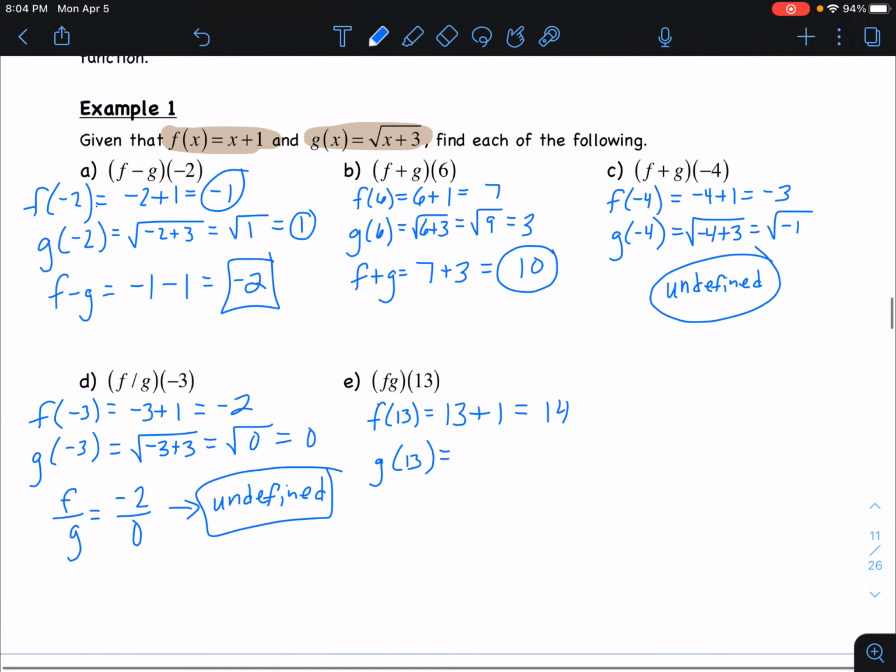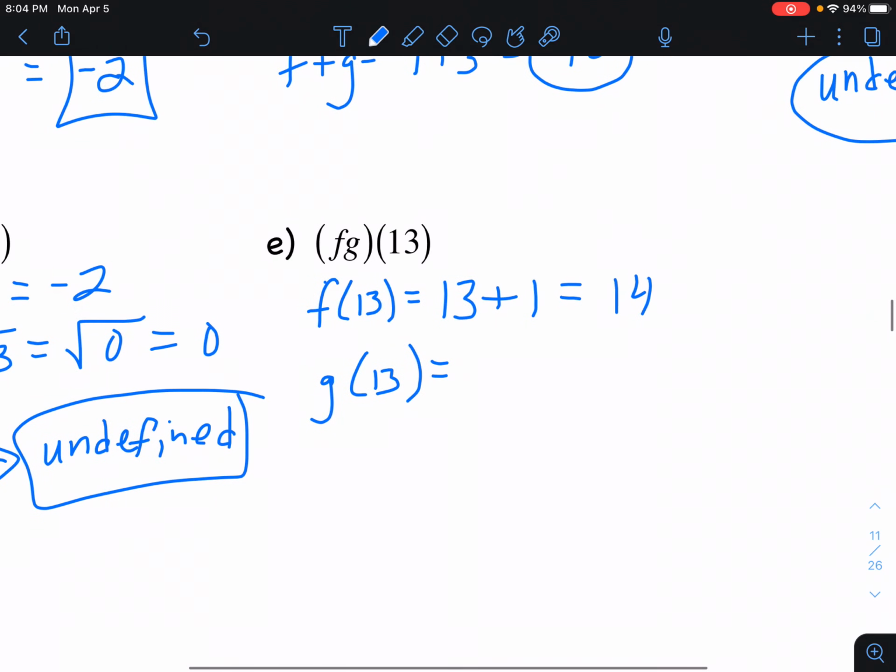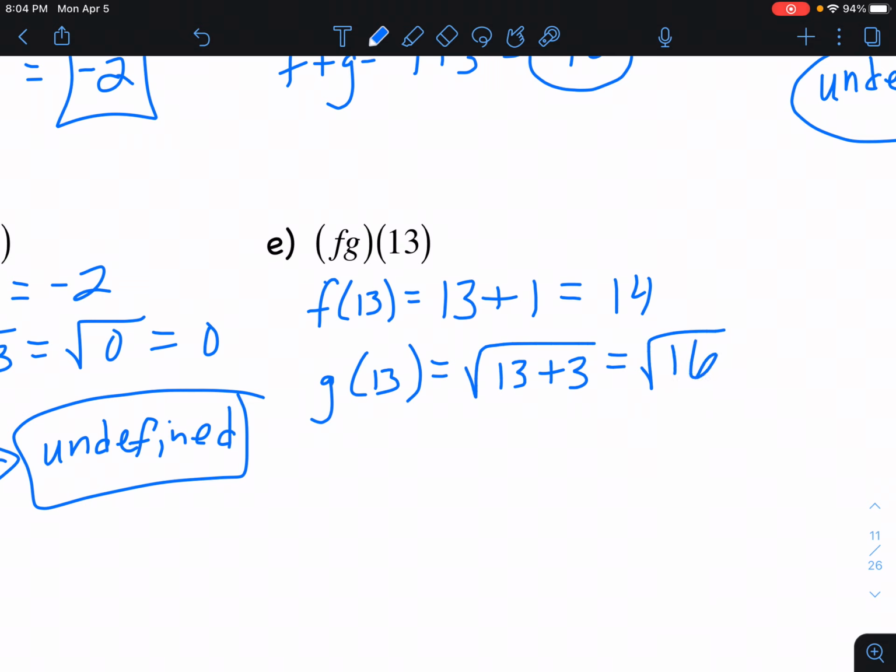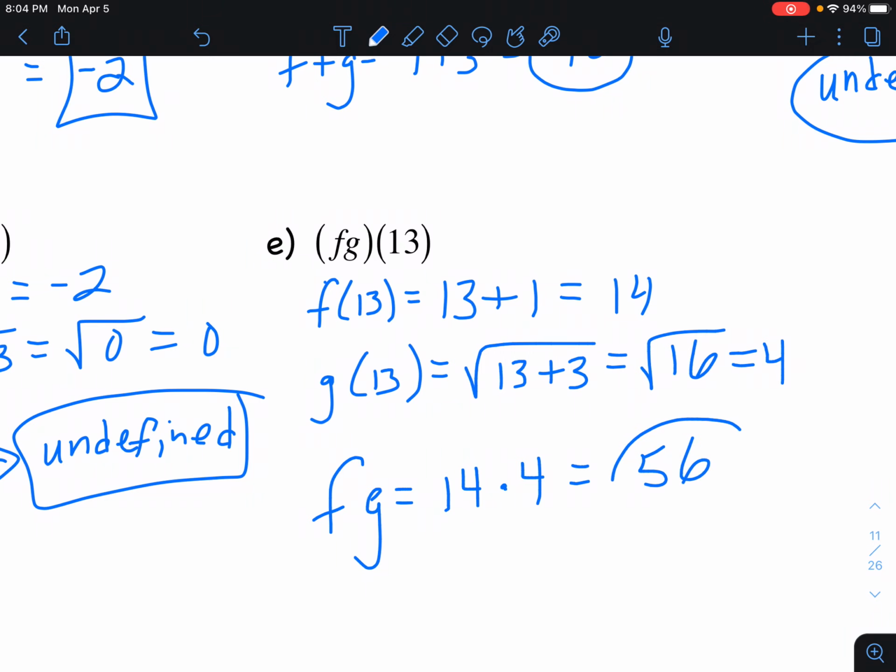That was the square root of x plus 3, so the square root of 13 plus 3. Add them to get the square root of 16, and the square root of 16 is 4. So now we're going to do f times g. That's 14 times 4, which is 56.